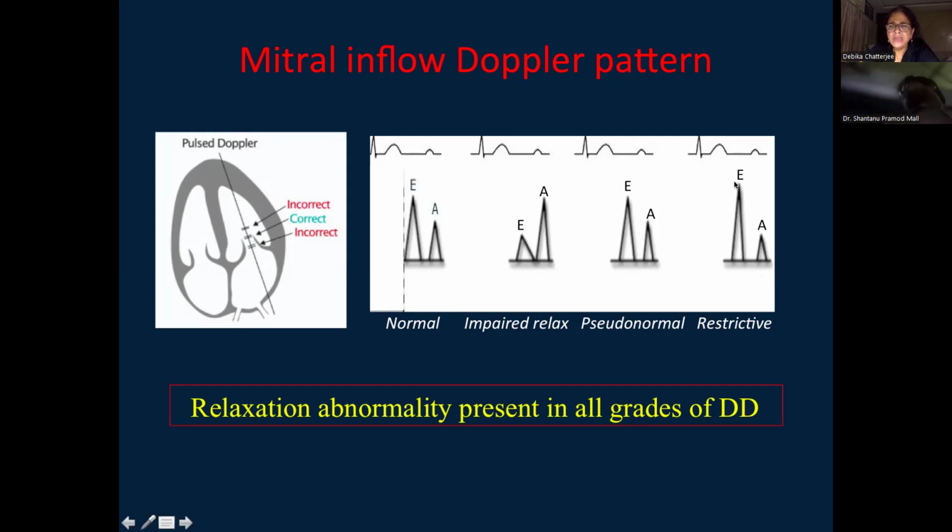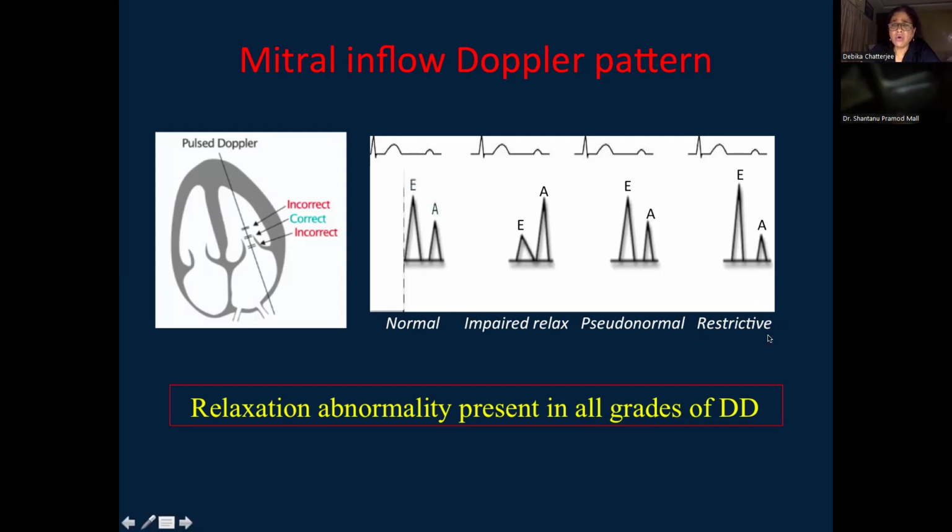So tall E, short deceleration, and a small A with a very high E/A ratio is the sign of restrictive filling pattern. Mind it, I have said restrictive cardiomyopathy and restrictive filling pattern are two different things.